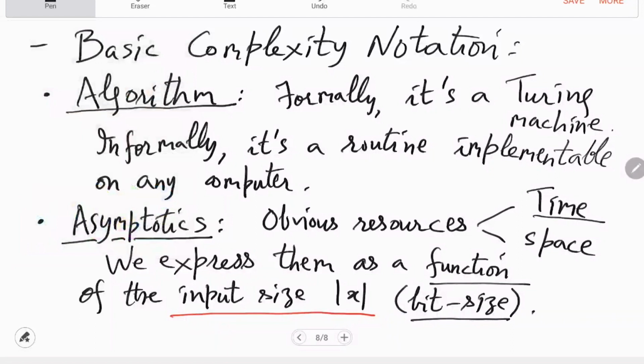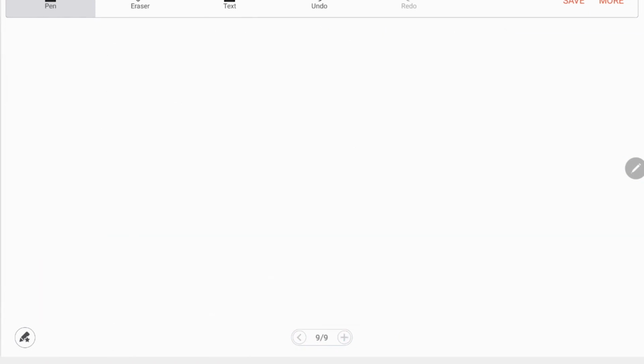And once you have this asymptotics, you can define complexity classes, and in this course we will only worry about two complexity classes. One is polynomial time, and the other is exponential time.